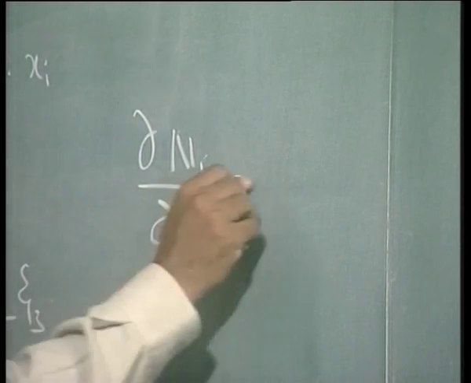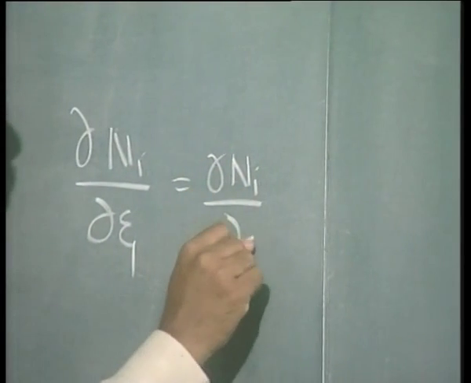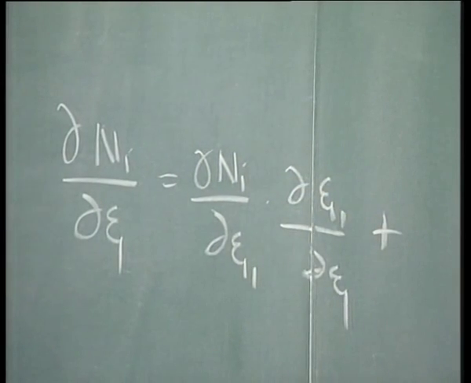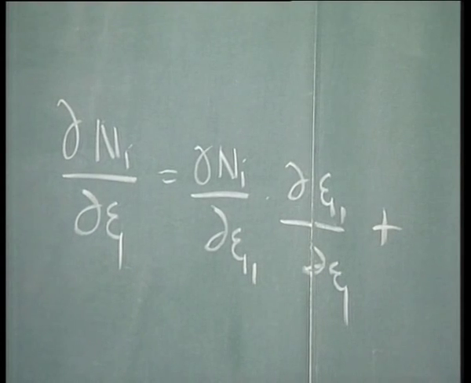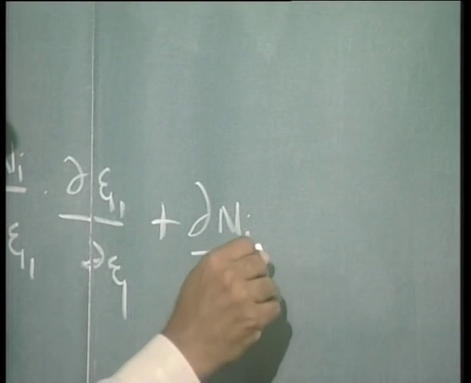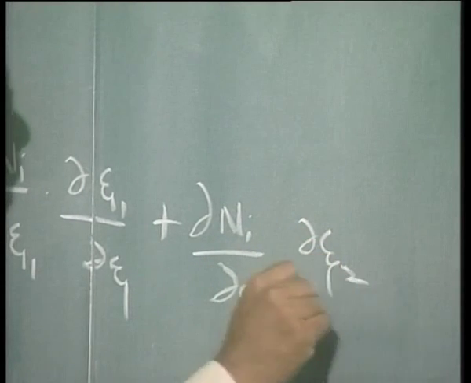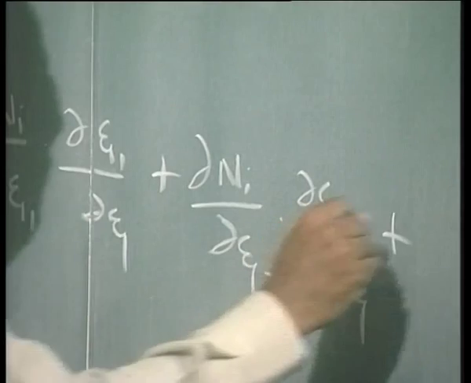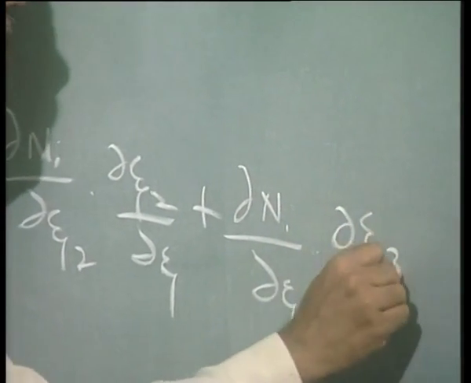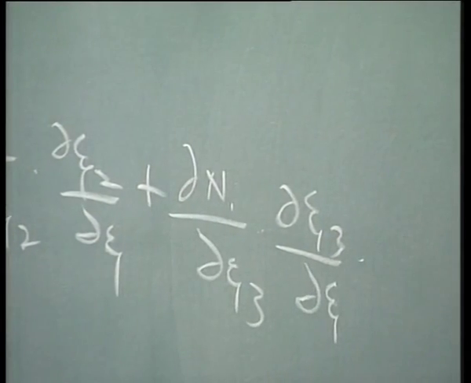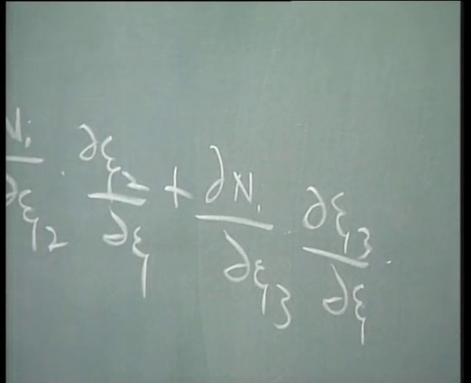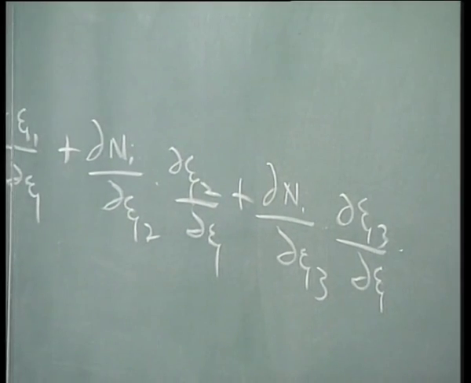This is equal to dou Ni by dou psi 1 into dou psi 1 by dou psi, plus dou Ni by dou psi 2 into dou psi 2 by dou psi, plus dou Ni by dou psi 3 into dou psi 3 by dou psi. Is that clear?